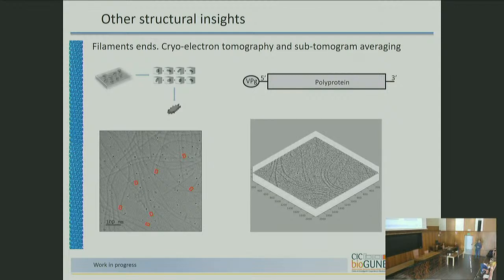So we have three-dimensional data here, and we can select the ends of the viruses and then use the single particle averaging technique, but instead of using two-dimensional images to reach a three-dimensional final result, we have three-dimensional objects from the beginning, and we can align them. The problem, you may imagine, is that this is a very good picture of a tilt series, because we have a lot of ends here, but this is not usually the case.